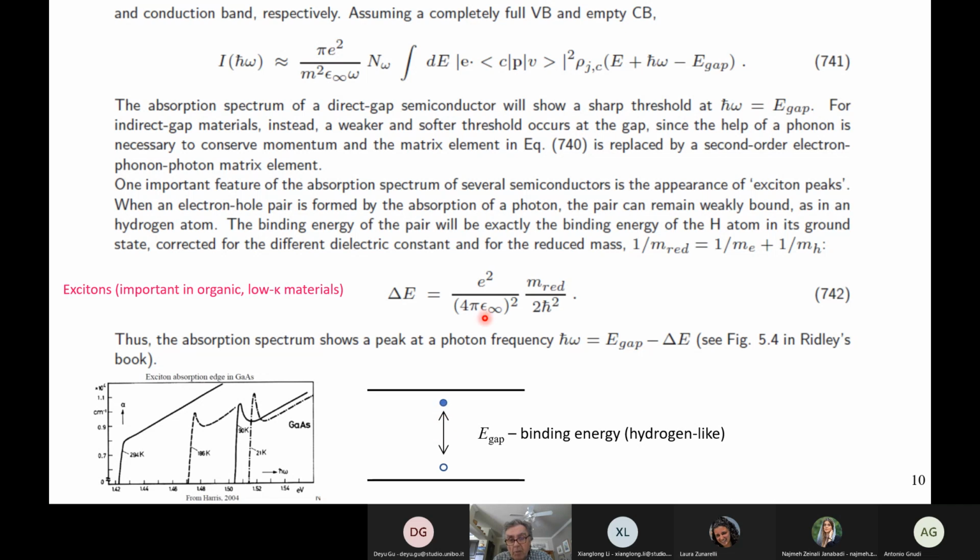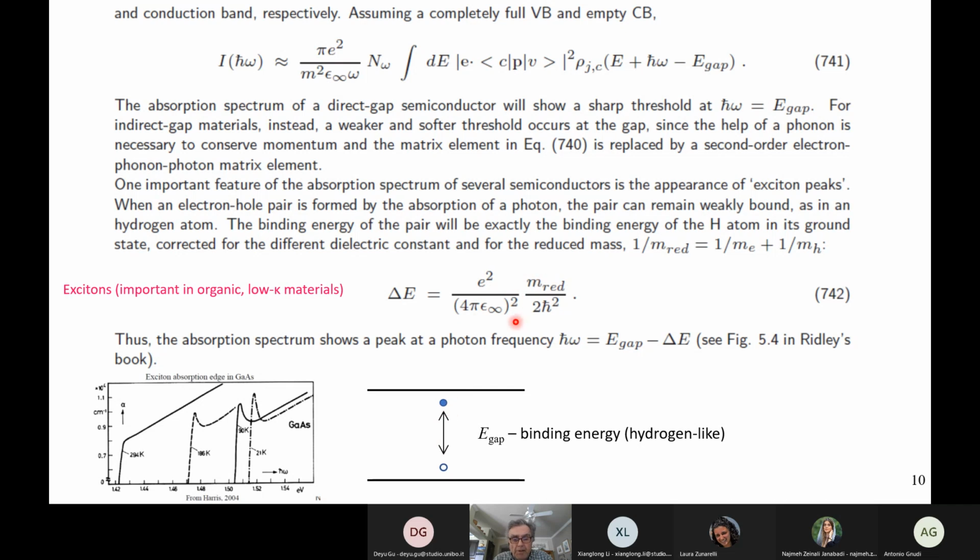If the dielectric constant is small, then the binding energy for this electron hole pair is essentially the hydrogen binding energy, the ionization energy of hydrogen. You may even have excited states, but the ground state has an energy given by this expression, where this is the reduced mass, depending on the effective mass of the electrons near the bottom of the conduction band and holes near the top of the valence band.